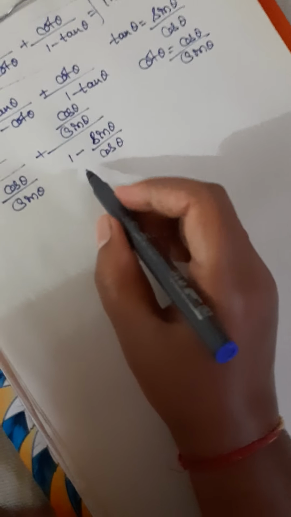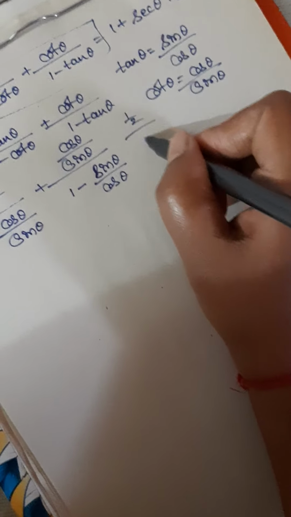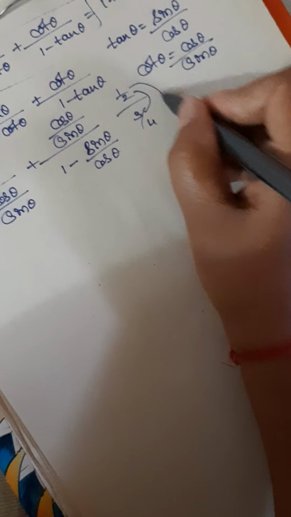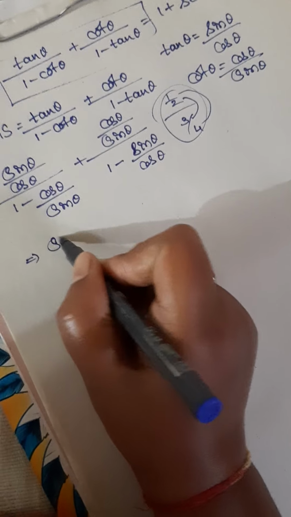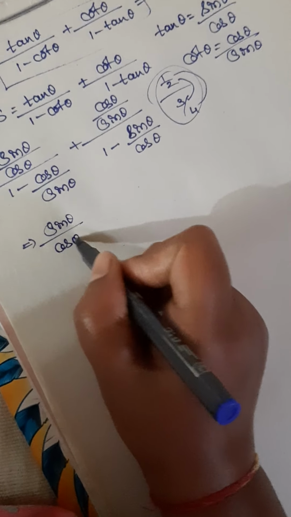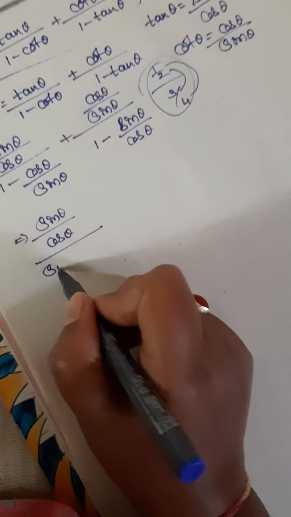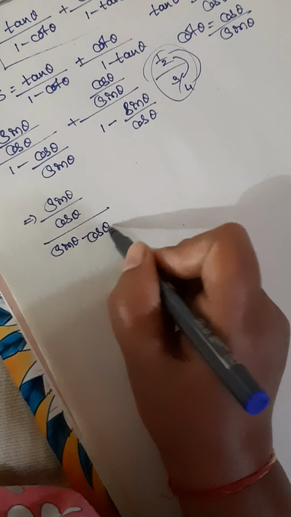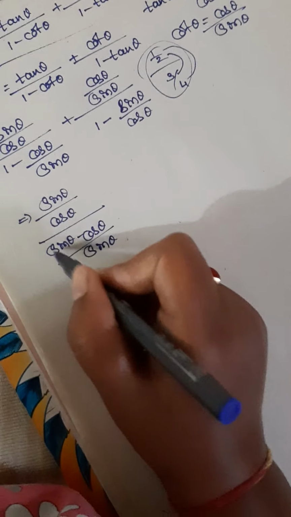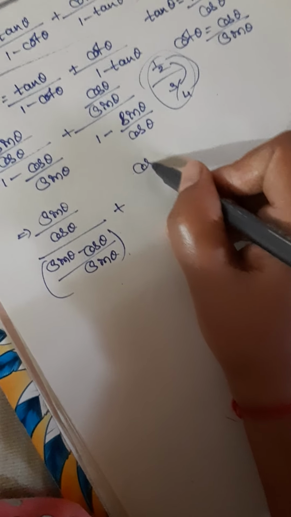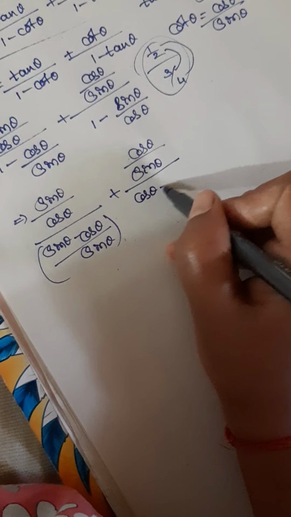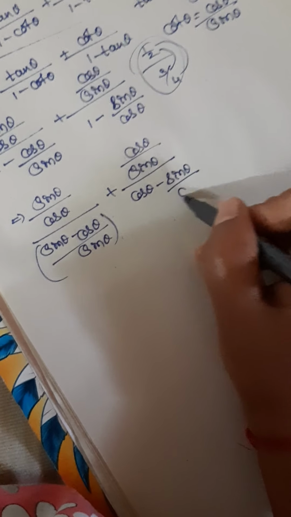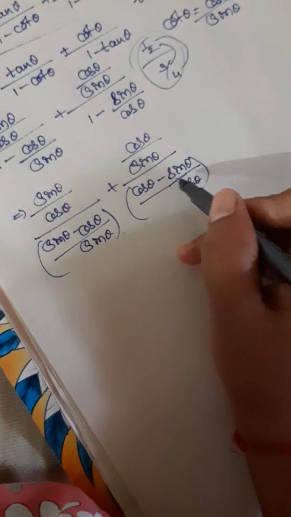By substituting like that, we get sin theta divided by cos theta, and down of this we can take sin theta minus cos theta divided by sin theta, plus cos theta divided by sin theta, and here cos theta minus sin theta divided by cos theta.